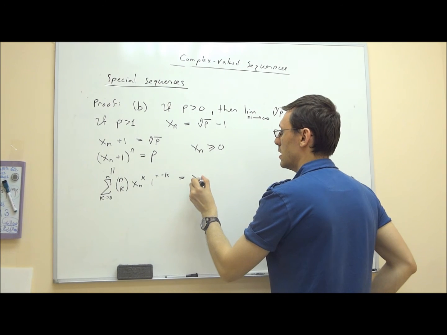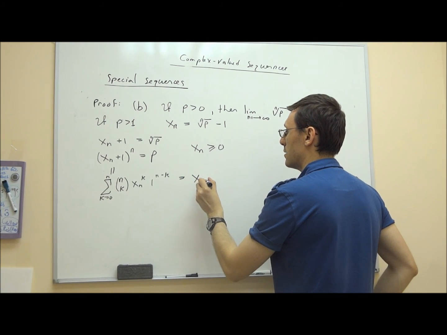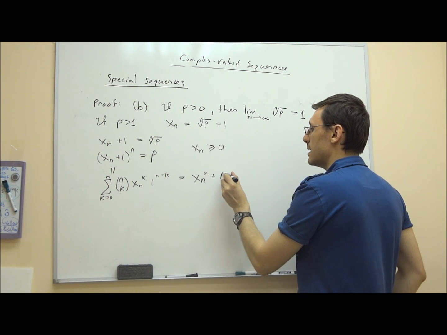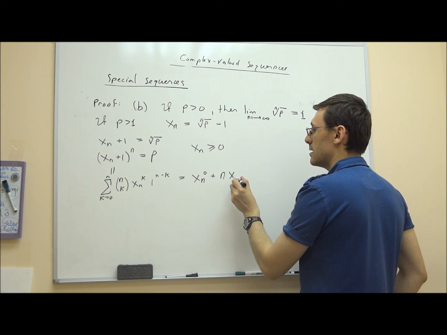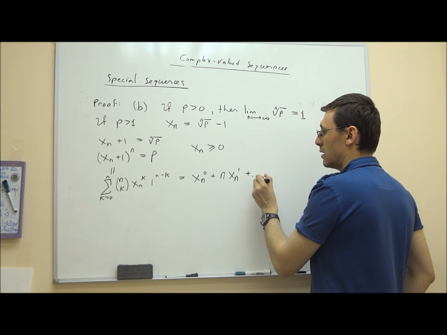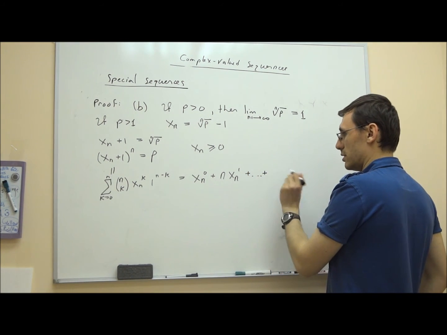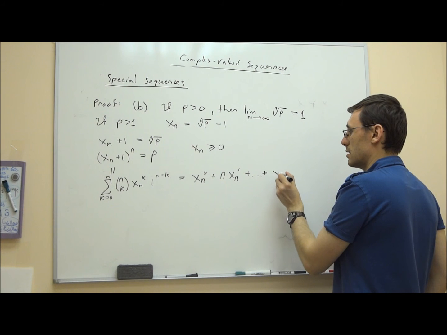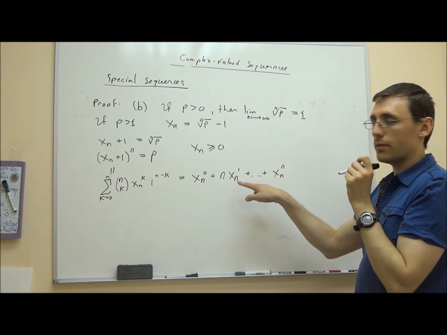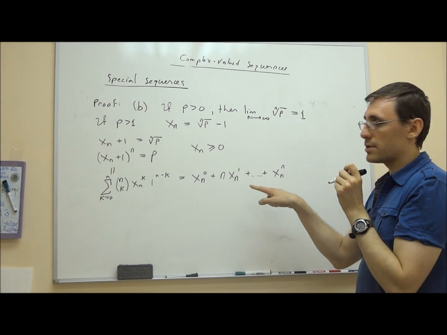So this would be xn to the power of 0, plus n times xn to the power 1, plus eventually just xn to the power of n. So this is a sum of only positive numbers.